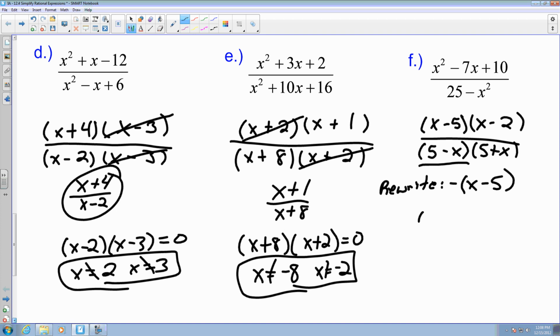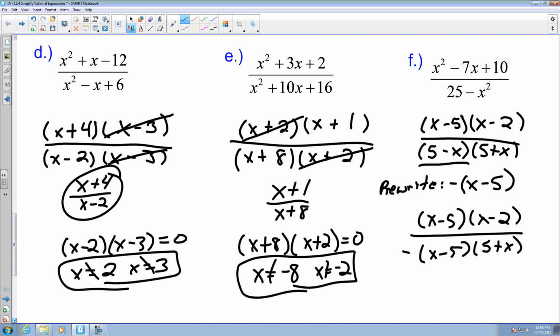So if I rewrite this, x minus 5 times x minus 2, that's what it is on the top, divided by negative x minus 5 times the quantity 5 plus x. Now I have an x minus 5 in the numerator and x minus 5 in the denominator. Now those can cancel. So my simplified expression would be x minus 2 divided by 5 plus x.